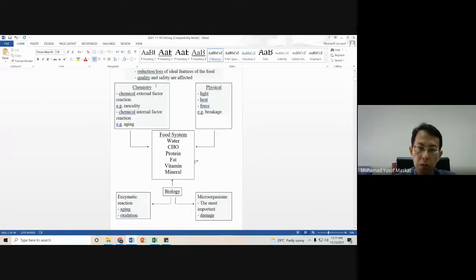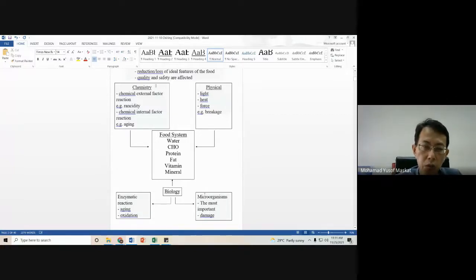Based on those, you determine the threat factors from the chemical, physical, and biological aspects. Then we try to apprehend or restrict the effect of those threat factors, and that will be the approach for preservation of that particular product.